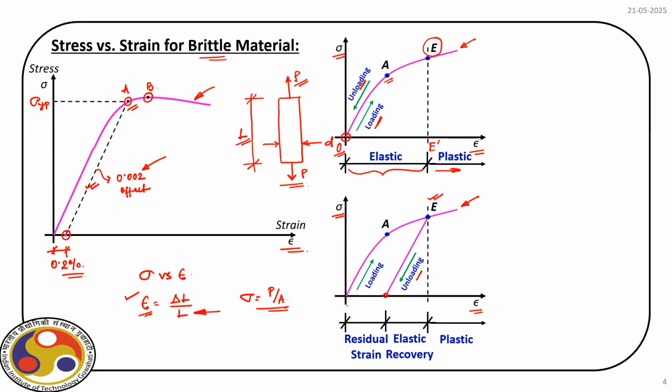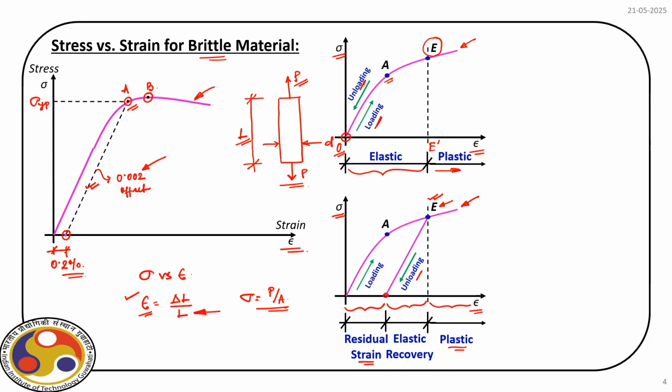Obviously, in this case, this initial part is basically the residual strain that is left within the material once we have a complete loading and unloading cycle. And we can identify the elastic and the plastic region which is defined by this point E. Beyond this point, everything follows plastic behavior, but before that we have an elastic recovery which is defined by this part.